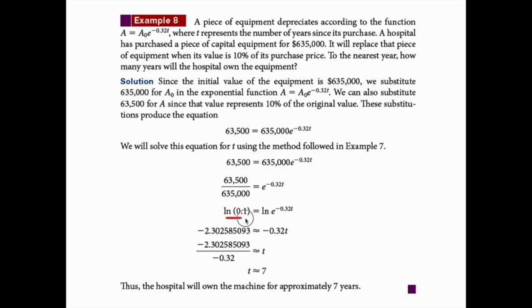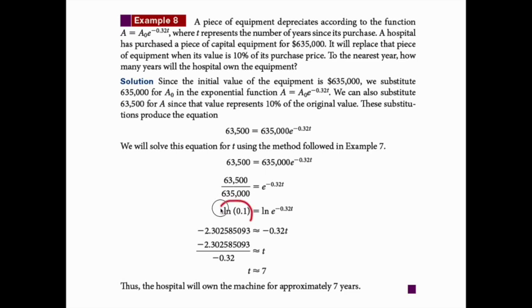So now if we take the log of both sides, we get the natural log of 0.1 is equal to the natural log of e raised to the negative 0.32t. The natural log of e is 1. This can come down in front. So what we're left with is negative 0.32t.